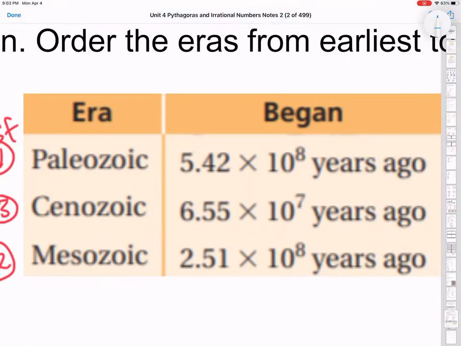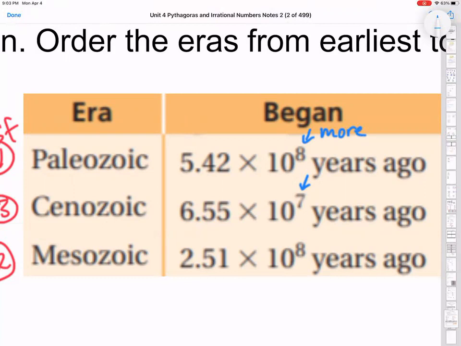Notice the exponents are going to play a much larger role than the integers. For example, if I have 8 as an exponent and then I have 7, well, 8 is obviously bigger than 7. So this would be larger overall because of that larger exponent.